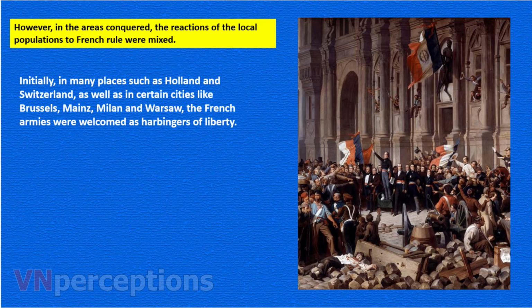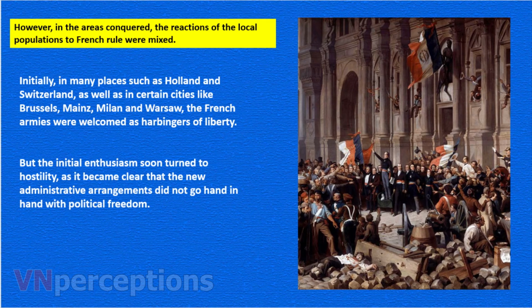When I say harbingers, it refers to a sign that shows that something is going to happen soon, and often something bad. And here it is bad because it became clear that the new administrative arrangements did not go hand in hand with political freedom.